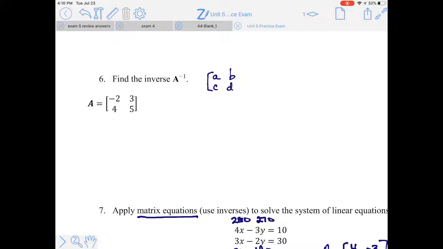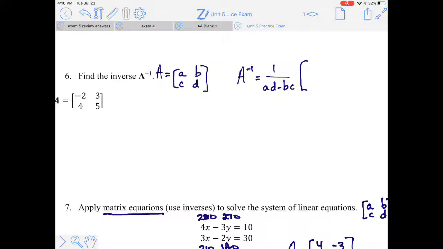So if that's your beginning matrix, then the inverse is 1 over AD minus BC, and then it's D, A. Yep.